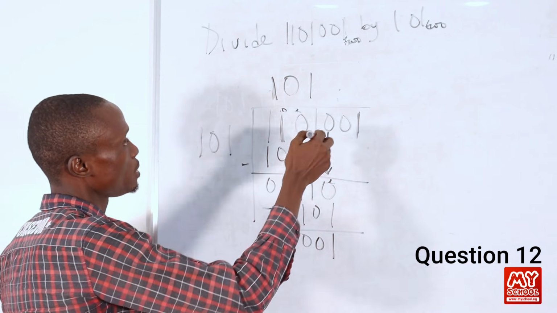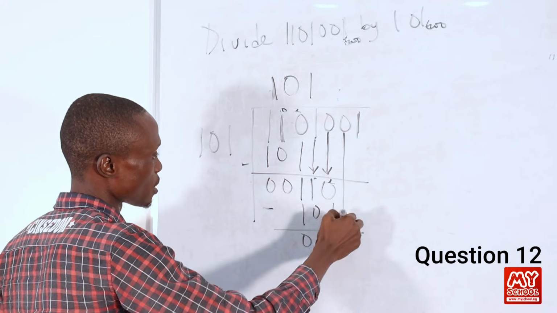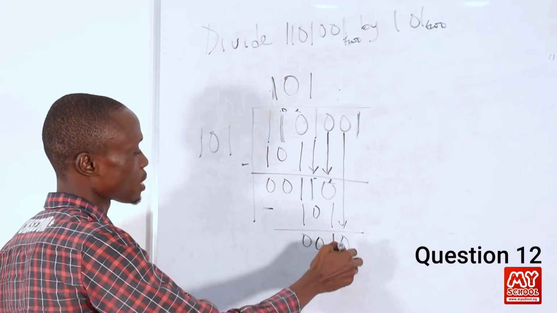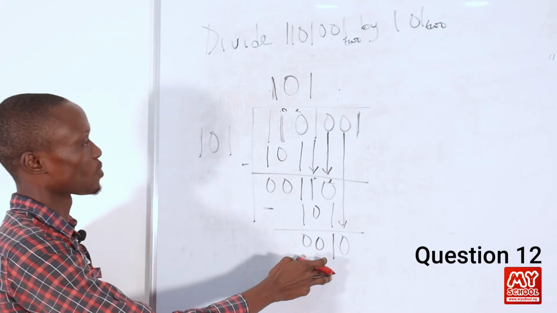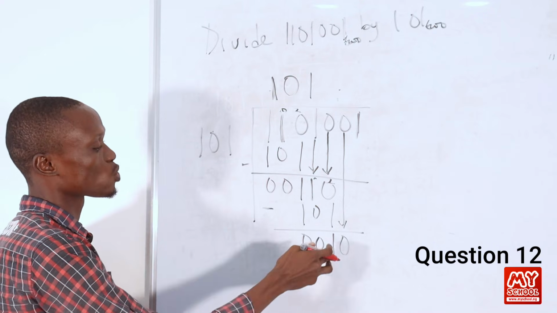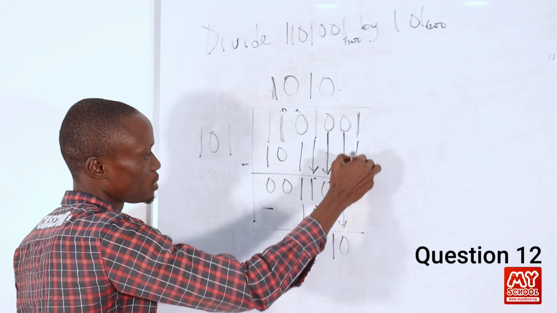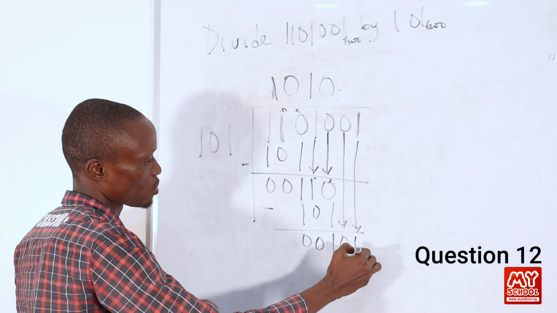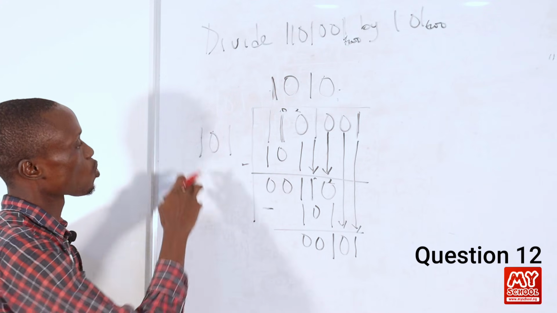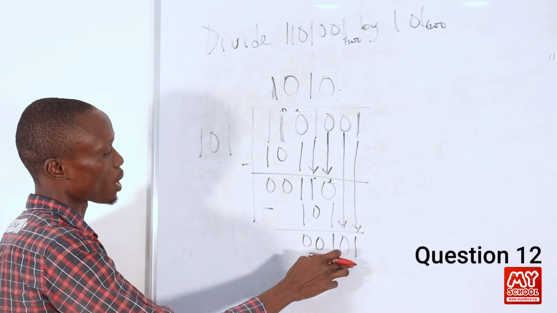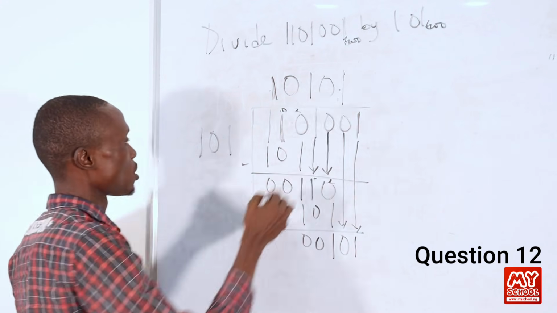The next step is we bring down the 0 and we divide again. 101 into 10 gives us 0. Then we bring down the last one. 101 into 101 gives us 1.